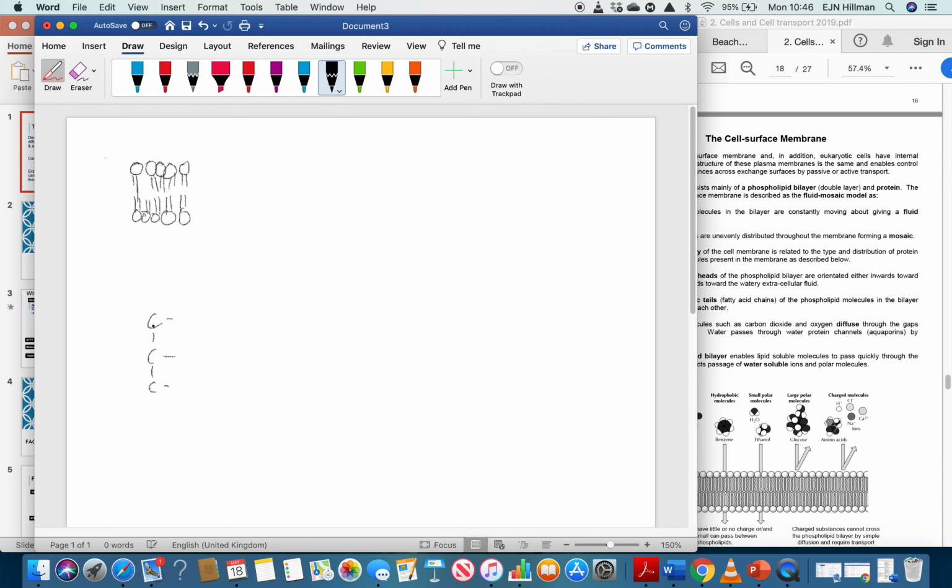So that's 3 carbons, with 2 fatty acids. And that zigzag line represents a hydrocarbon chain. Okay, and I'll draw another one there.